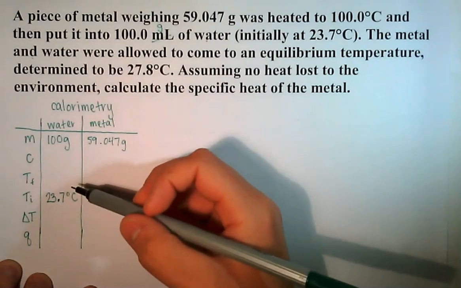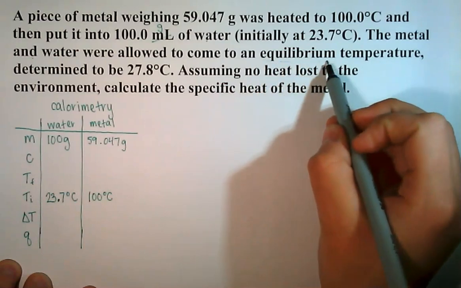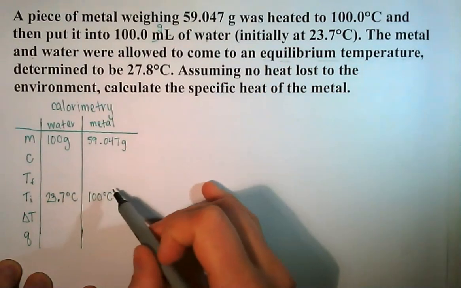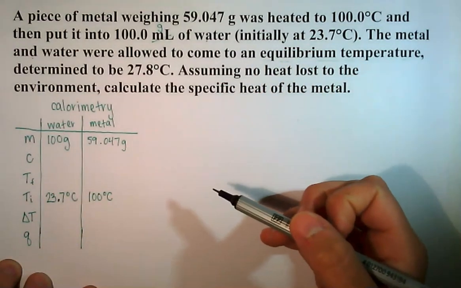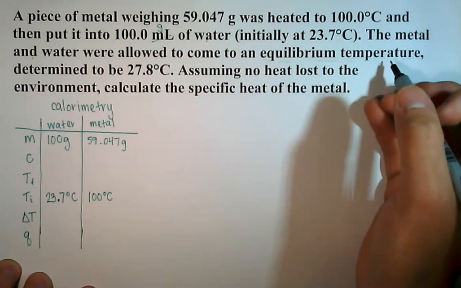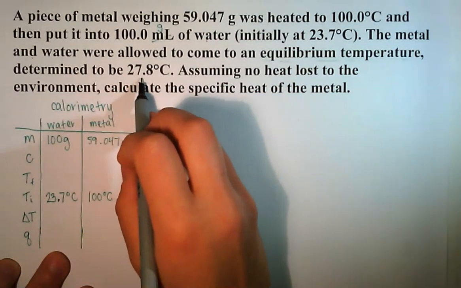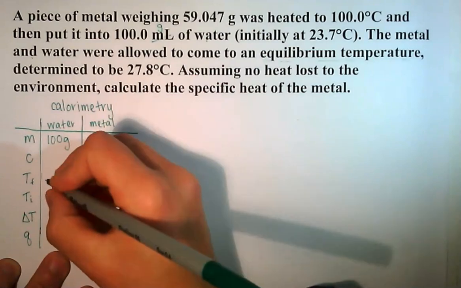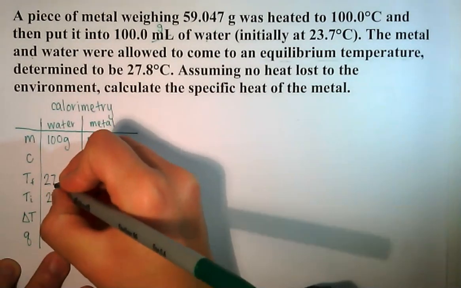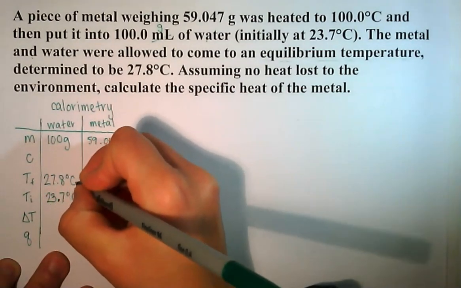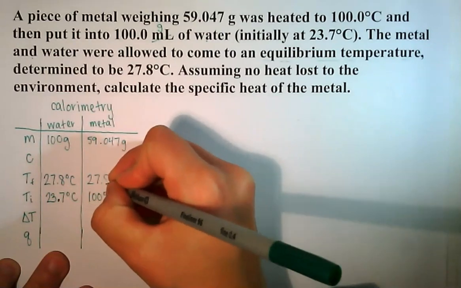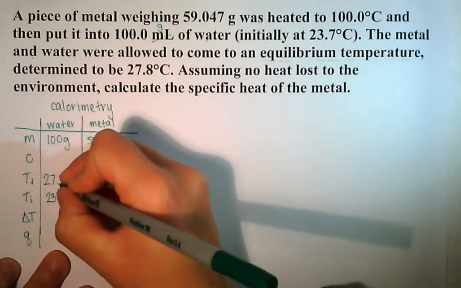So they will always come to an equilibrium temperature, meaning the temperature that they're at where they're no longer transferring heat. So that equilibrium temperature in this scenario was determined to be 27.8 degrees Celsius. So that's the final temperature both for the water and for the metal, 27.8 degrees Celsius. It's for both of them.